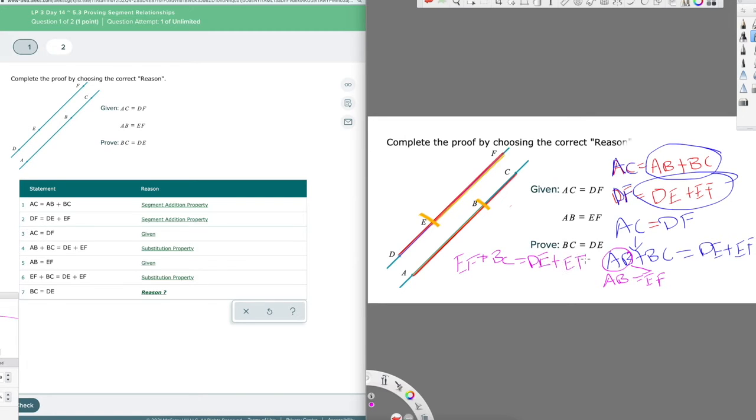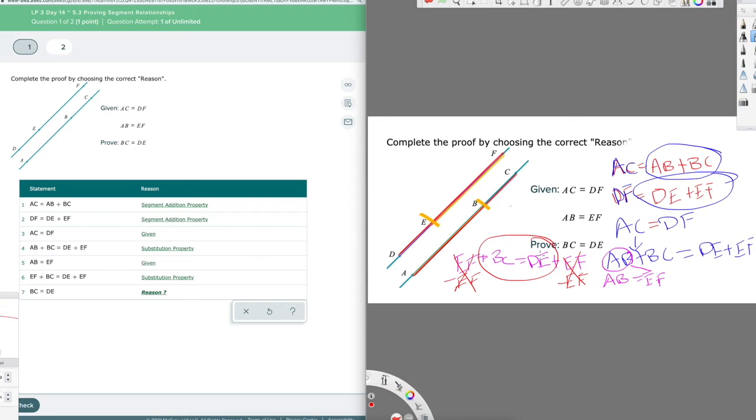I'm going to look at this algebraically just for a second, and if I think of this as just numbers, then I want to try to get the EFs together, which means I'm going to subtract EF from one of the two sides. It really doesn't matter which side I subtract it from. And EF minus EF cancels out. So that's why I'm left with just BC equals DE.